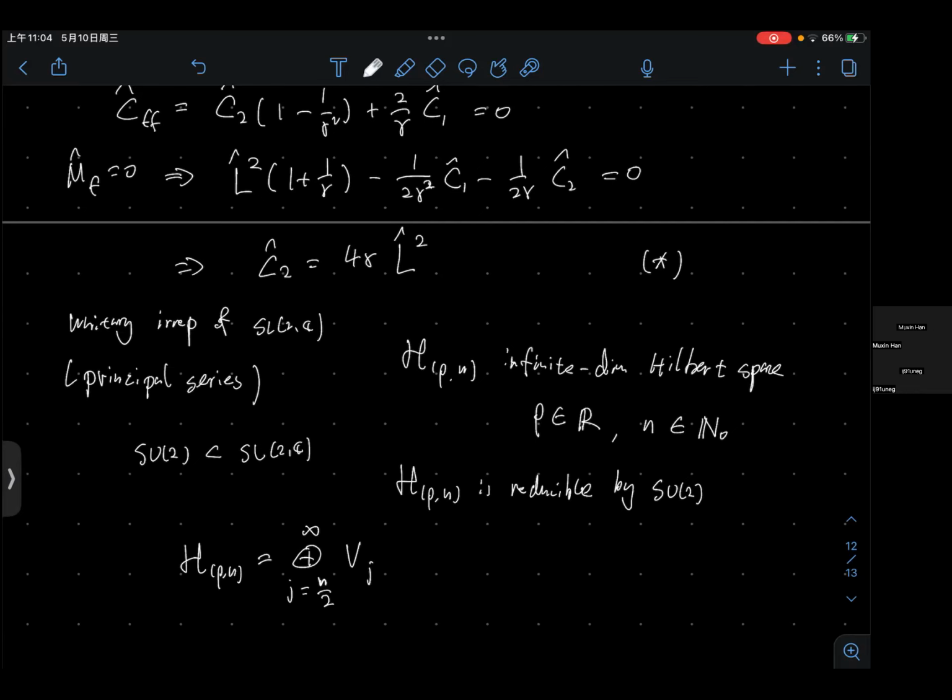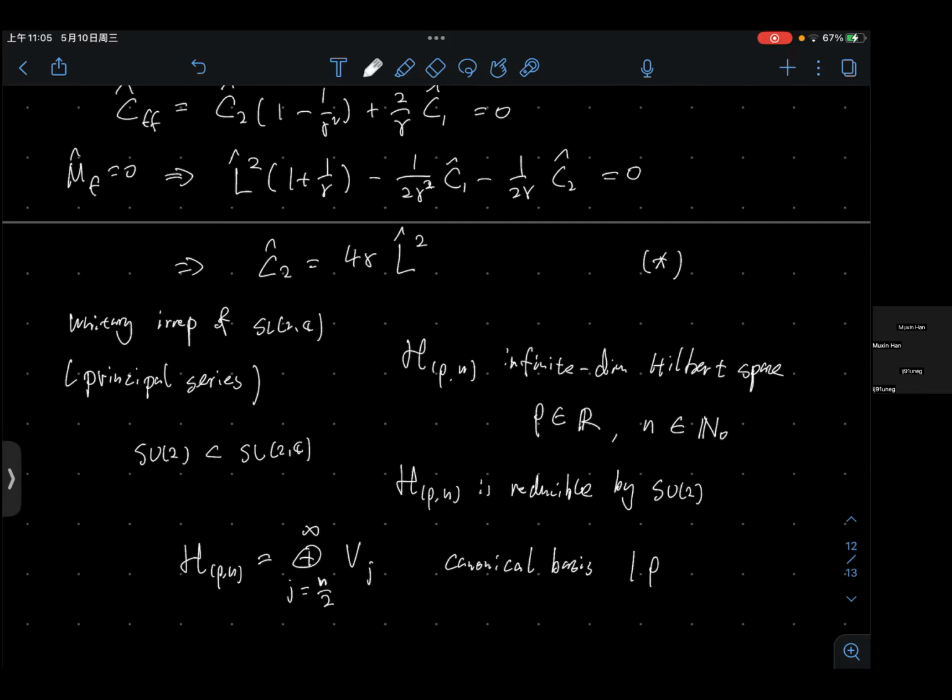This is a fact that I'm not able to explain here, so just accept this result and take it as a fact. Once you have this decomposition, you can write down the canonical basis, a preferred basis compatible with the direct sum decomposition.